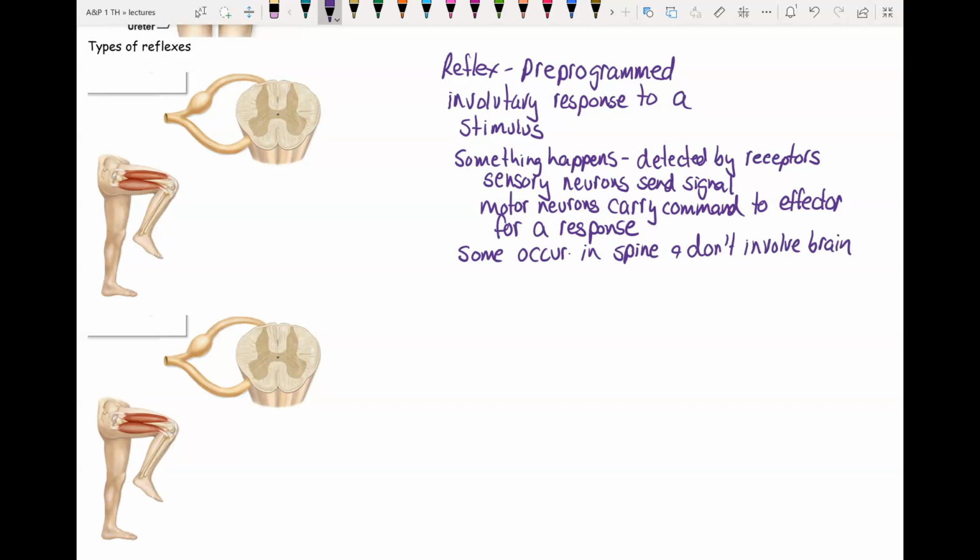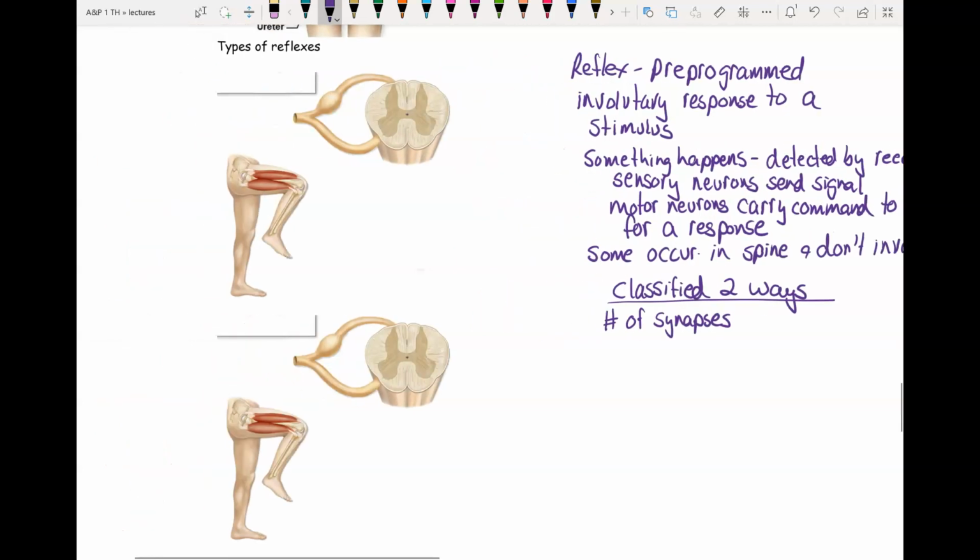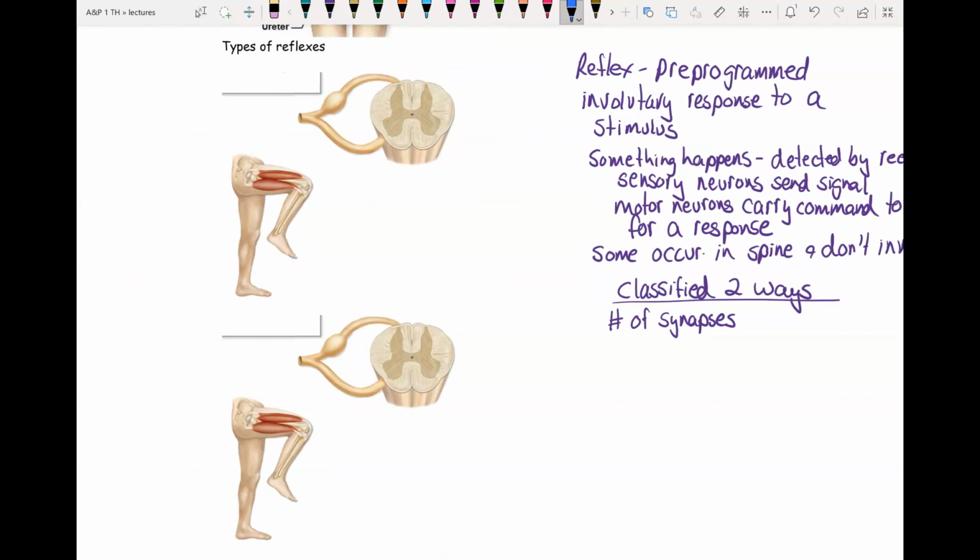And reflexes are classified two ways. One of those ways is by the number of synapses. So remember, a synapse is where one neuron meets with another neuron. So we could have a sensory.